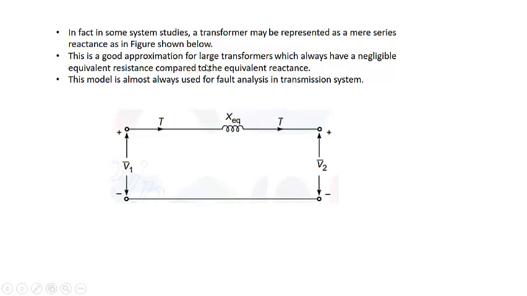This is a good approximation for a large transformer, which always has a negligible equivalent resistance compared to equivalent reactance. This model is almost always used for fault analysis in transmission systems. For fault analysis, the transformer is simply represented as a mere reactance, not the resistances or the parallel branch.